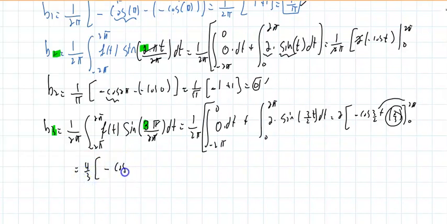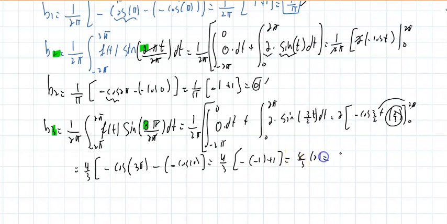Negative the cosine of, if you multiply this by 2, that 2 cancels out, that's 3 pi minus negative the cosine of 0. That is 4/3, negative a negative 1, plus 1. That turns out to be 8/3 times 2, which is 16/3.